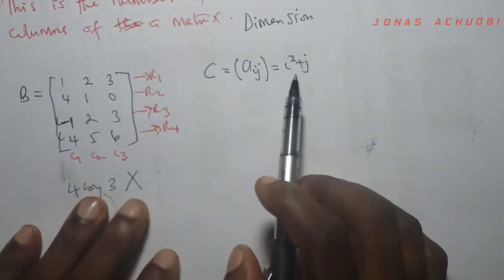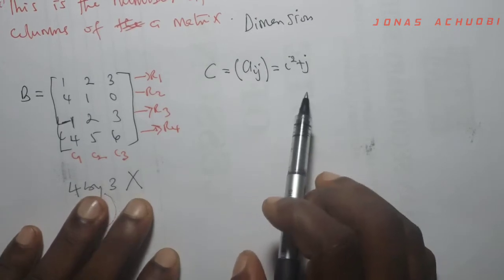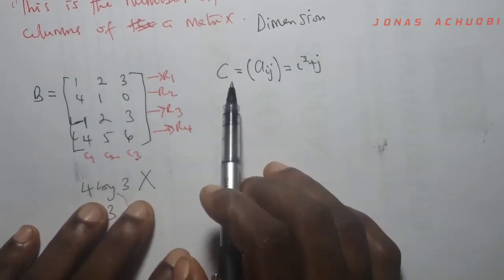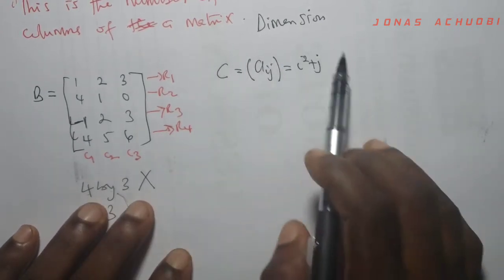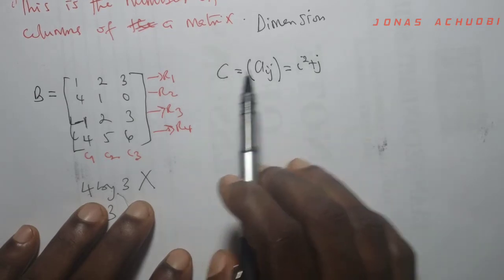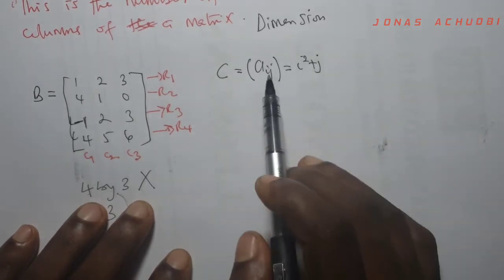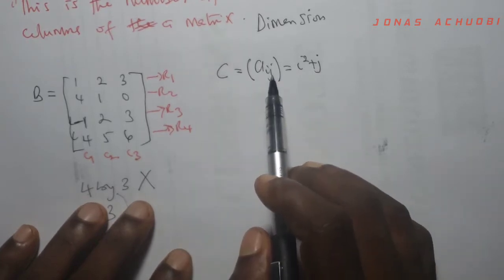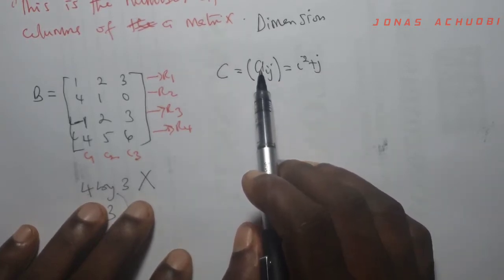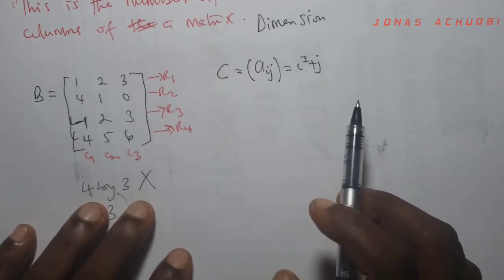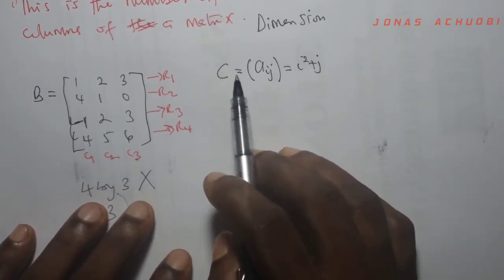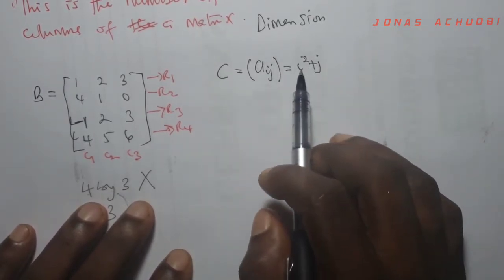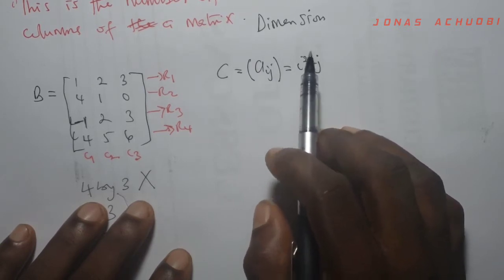What you see here completely defines the entries of matrix C. Recall that i refers to the row position and j refers to the column position. So all the entries of this matrix, whatever the order is, obey the rule i squared plus j.